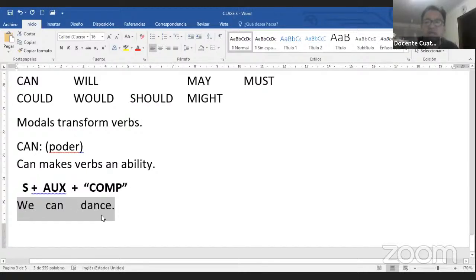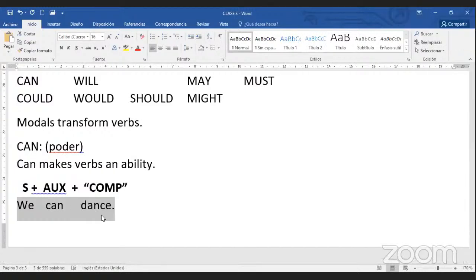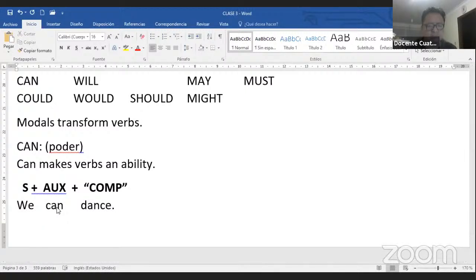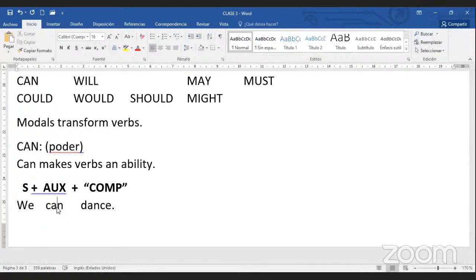Those are correct translations, but they are complicated. Something more simple: nosotros podemos bailar. But you see, poder, not the translation. Do you understand that part? Yes. Okay, just in case.